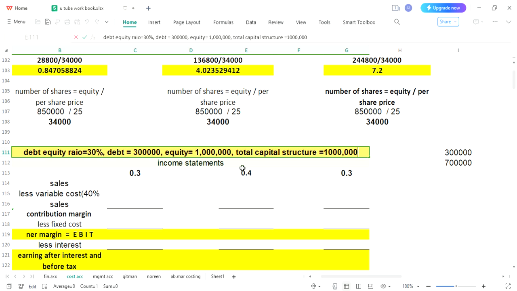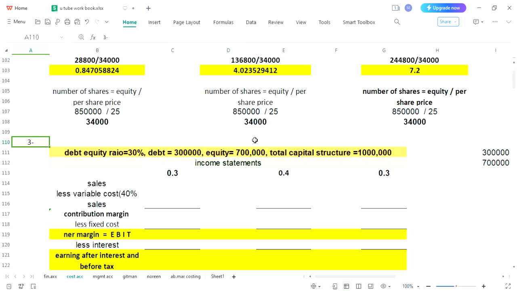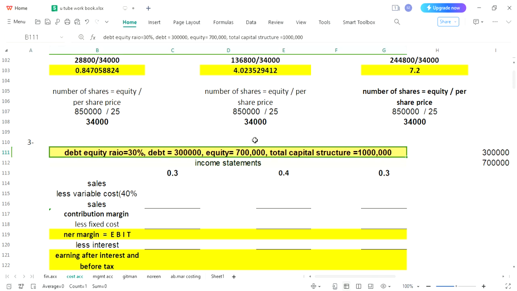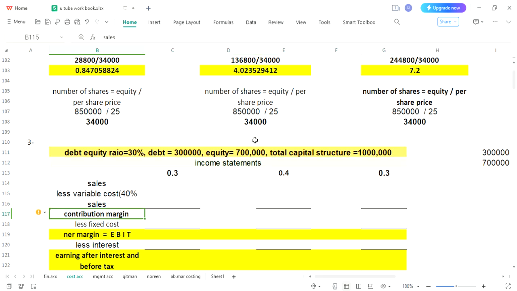So let's change it down, 7 lakh equity. So our problem has been sorted out. This was the major difference between previous parts and the part which we are solving right now. And we have mentioned it, so it would be very easy for us to calculate interest and other calculations.